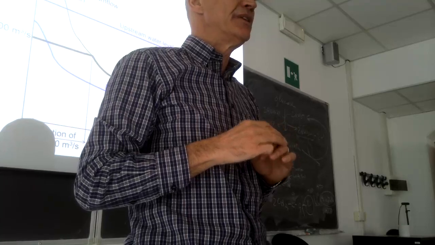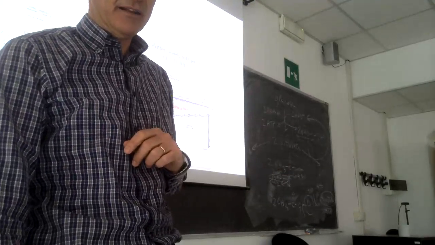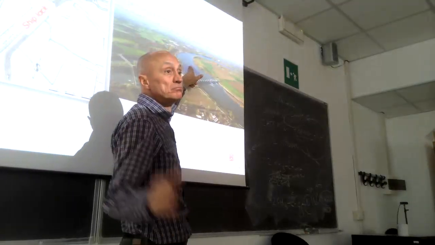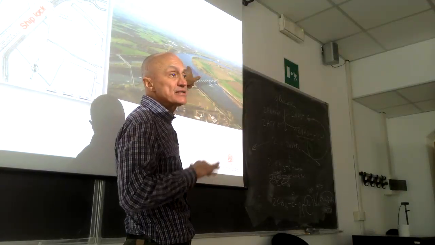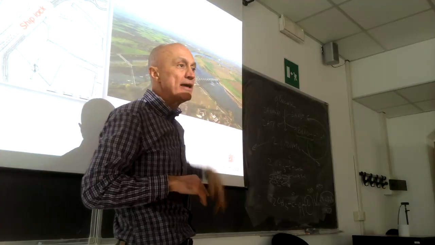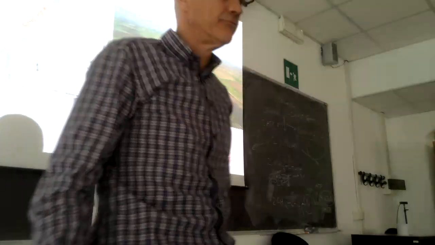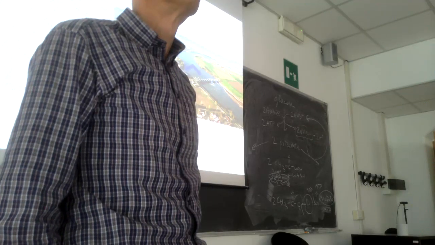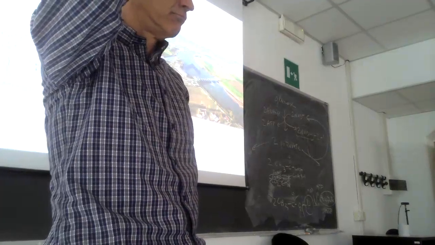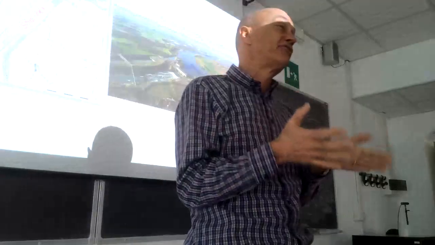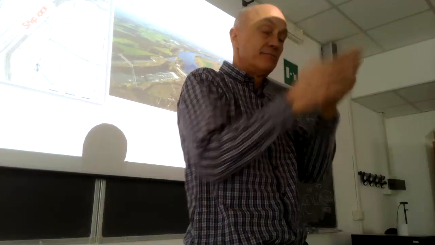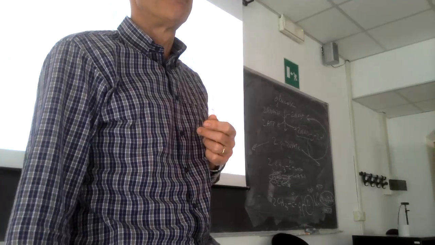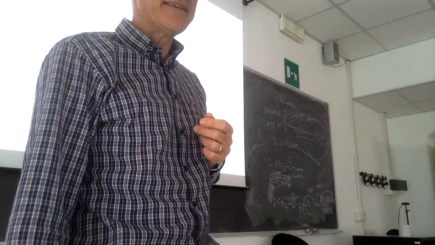In a river, if the discharge increases, the water level should increase, right? And instead, in this diagram, for a very high stream flow value, I have an upstream water level that is here. And for a very low stream flow value, I still have a water level that is here. Why? I told you this a few minutes ago.